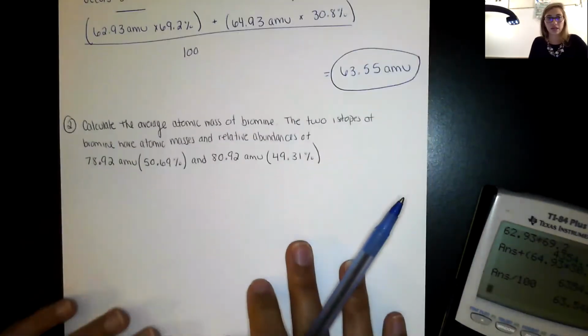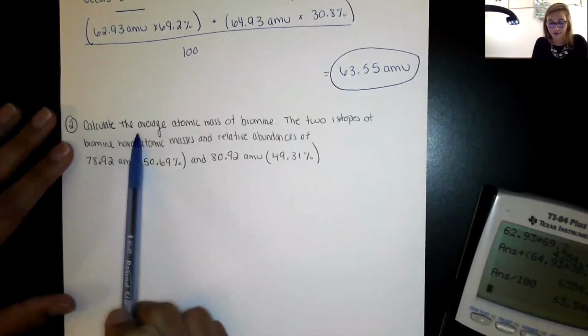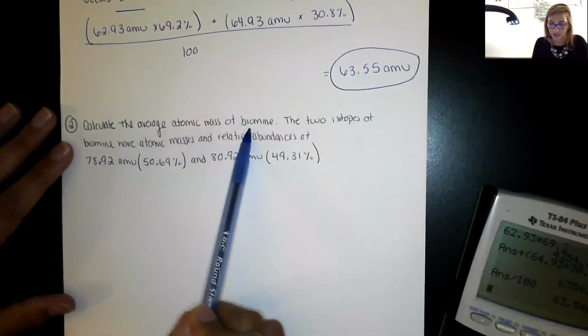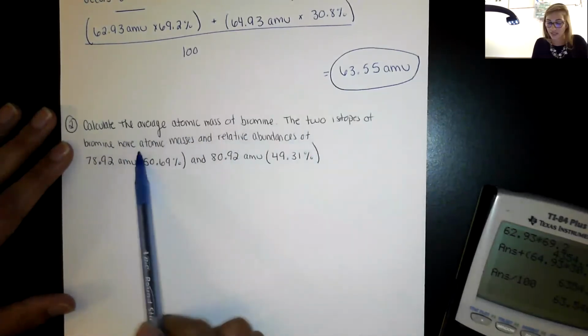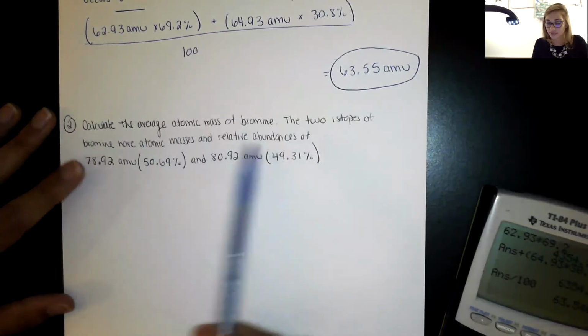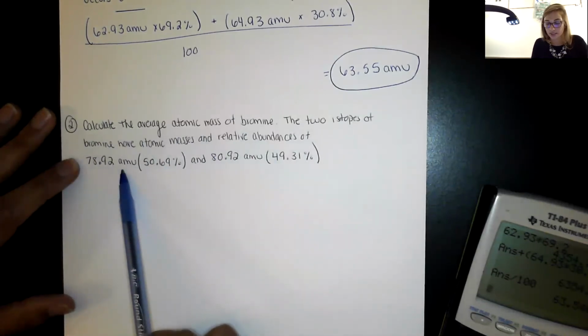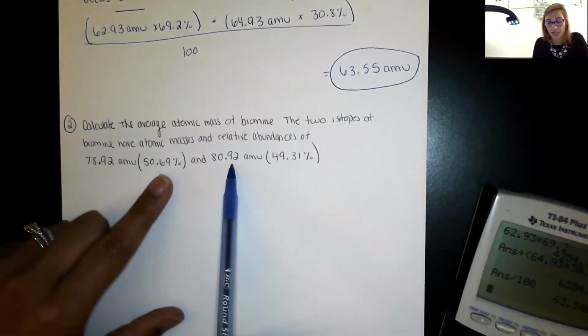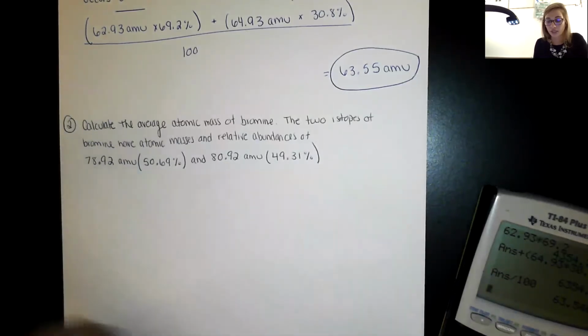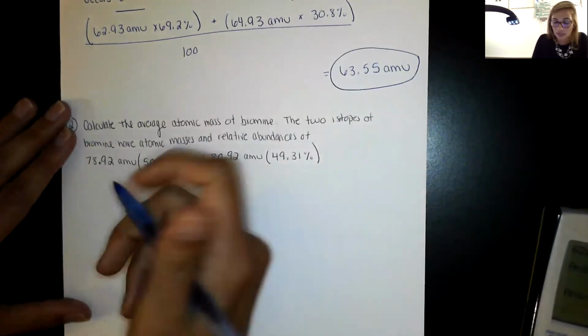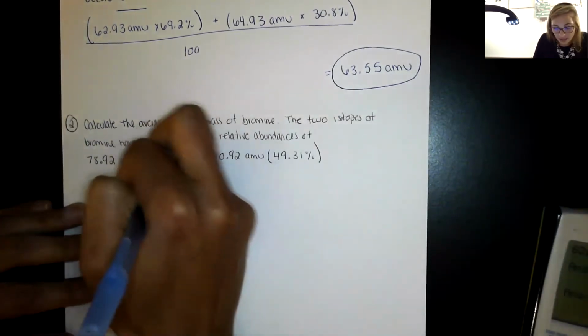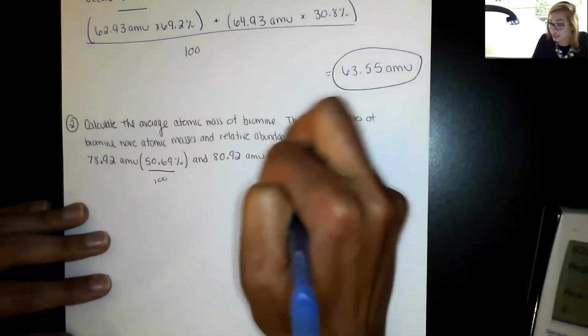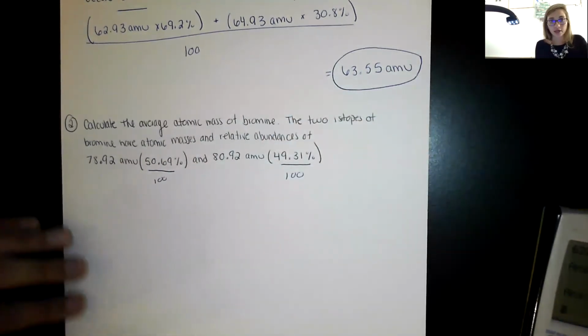All right, let's do the next one. Calculate the average atomic mass of bromine. The two isotopes of bromine have atomic masses and relative abundances of 78.92 AMU at 50.69%, and 80.92 AMU at 49.31%. This time I'm going to divide my percents by 100 in the beginning. I'm just showing you both options here.